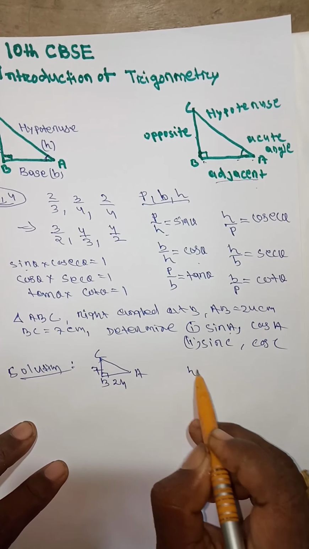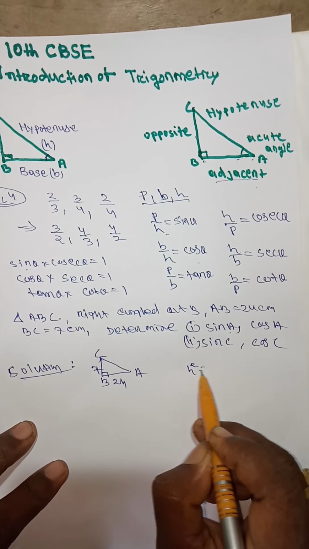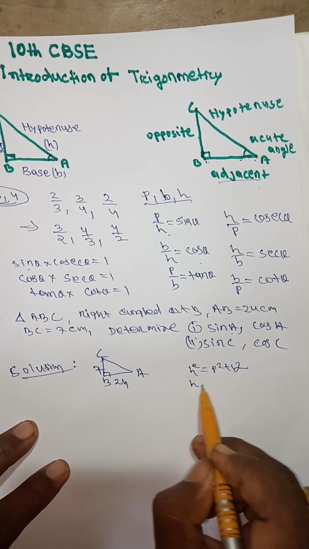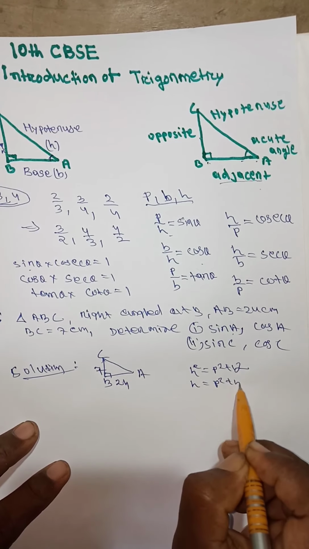You know the Pythagoras theorem: H square is equal to P square plus B square, or H is equal to the square root of P square plus B square.